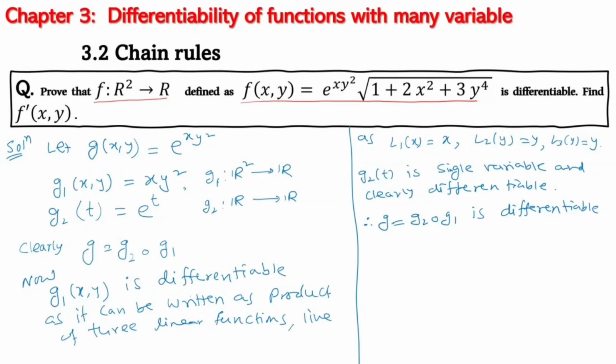Now g dash x h. This is equal, by definition, to g2 dash g1.